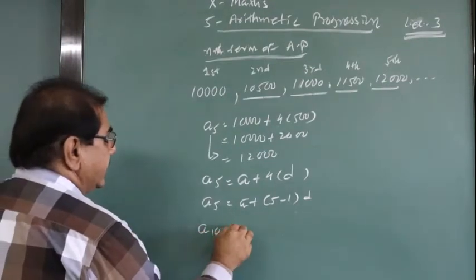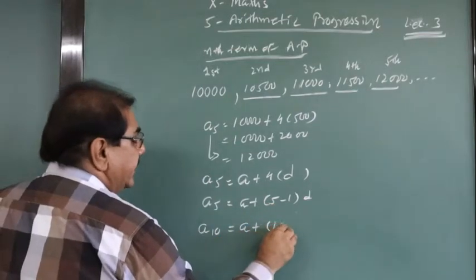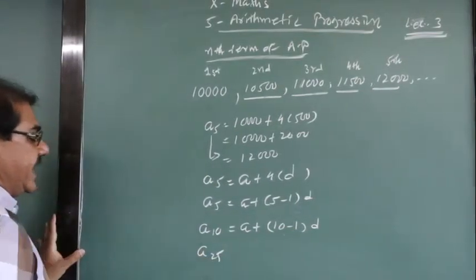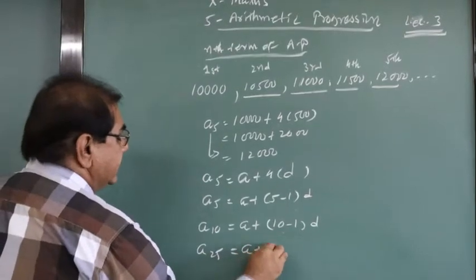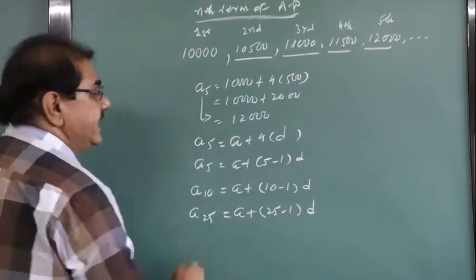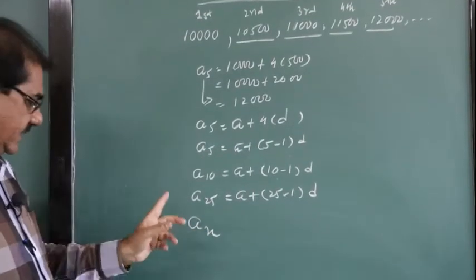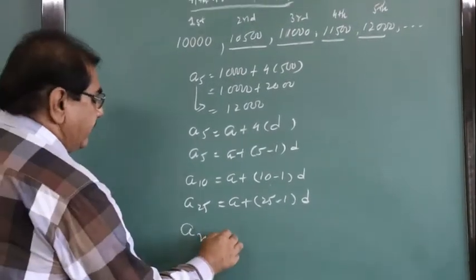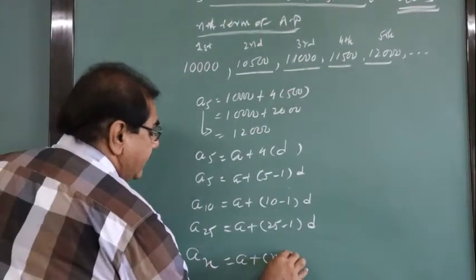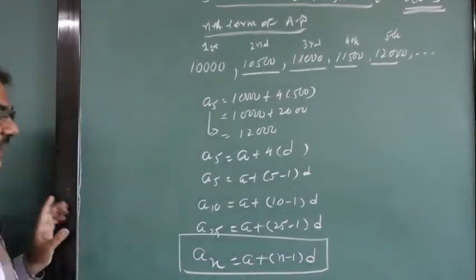So A10 is equal to A plus 10 minus 1 into D. If I am finding the 25th term, then A25 is equal to A plus 25 minus 1 into D. That way, suppose I am finding the nth term, n is some number, then what will be the formula? A plus, as I am finding the nth term, n minus 1 into D.